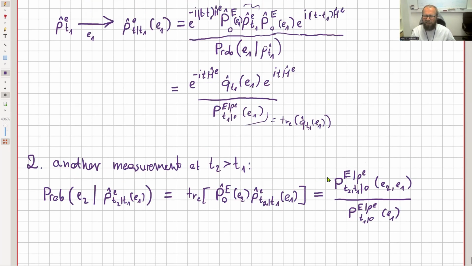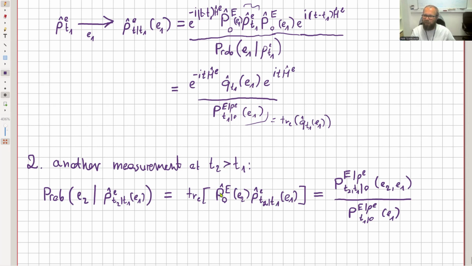Okay, and how does it happen? Well, the collapsed state is basically Q evolved for a while. So if I substitute this guy here, you get Q, evolve it.